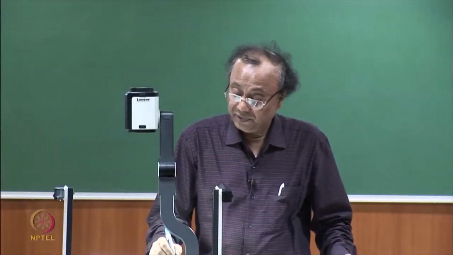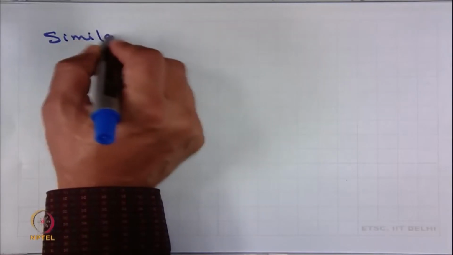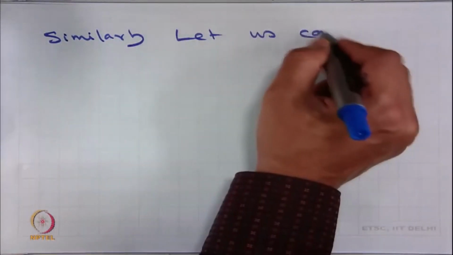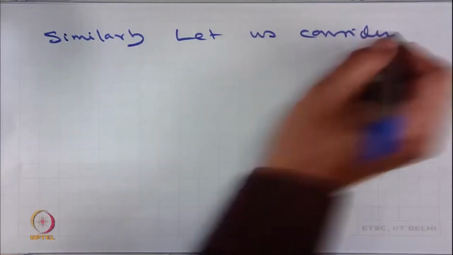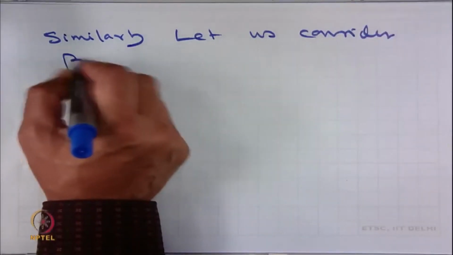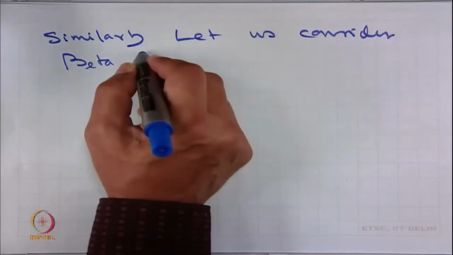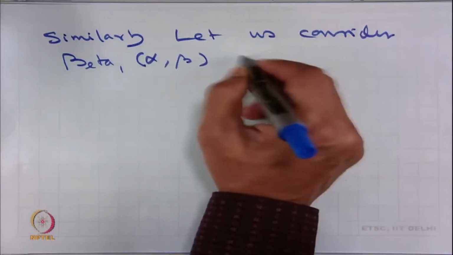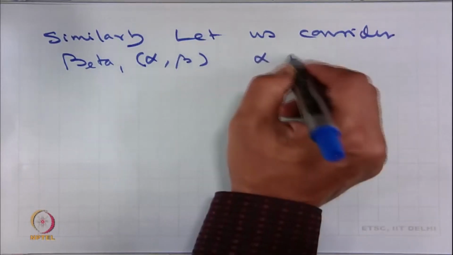Similarly, let us consider beta(alpha, beta), where alpha is known.